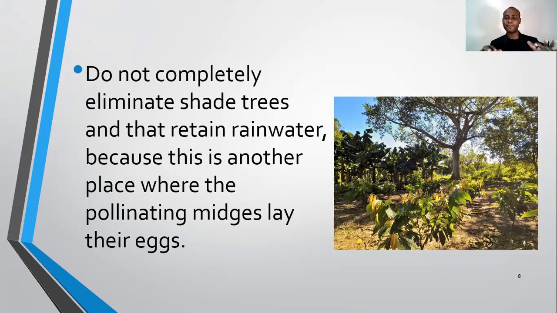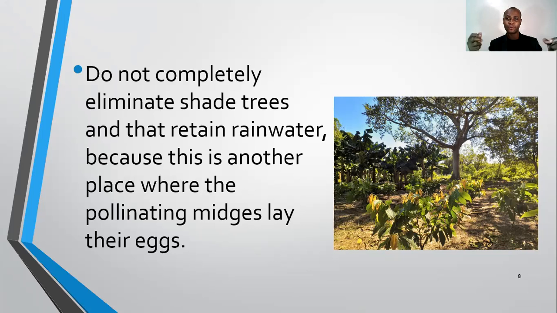Earlier on, I mentioned that you can make some trenches in the farm, put plastic inside, and then put water in those trenches. It becomes a place for the midges to lay their eggs, aside from the leaves and the banana pseudostems, and so on.